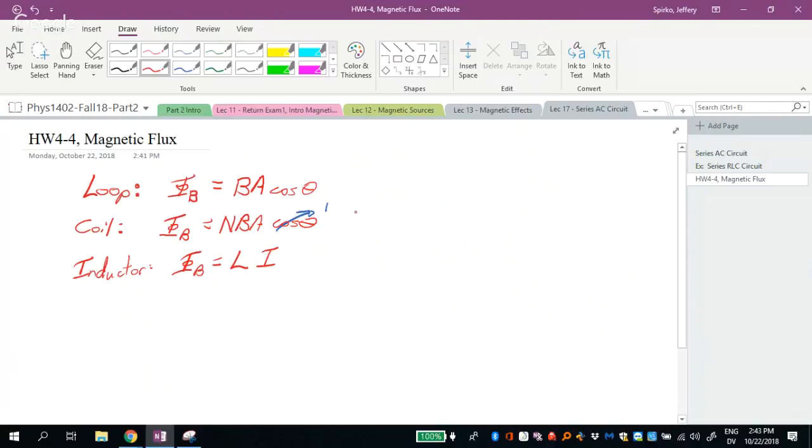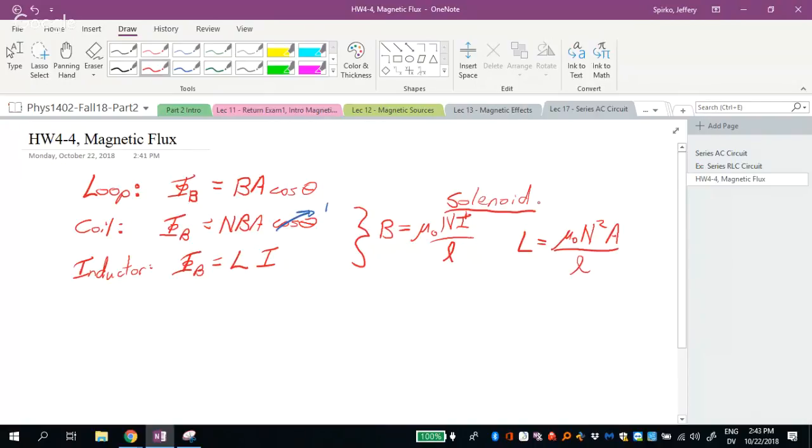So we had taken these things and combined them together with B is mu naught times N times I over L, not capital L here, this is curly L, the length of the coil, to figure out that L is mu naught N squared A over curly L. And those were specific to a solenoid.